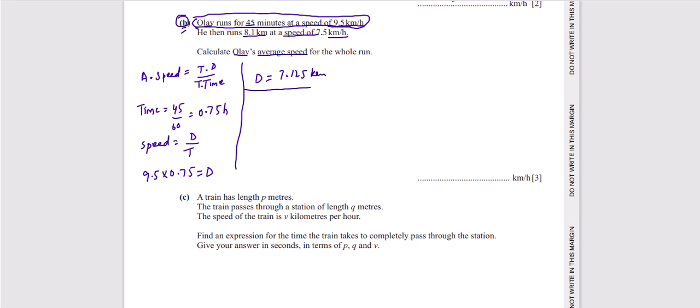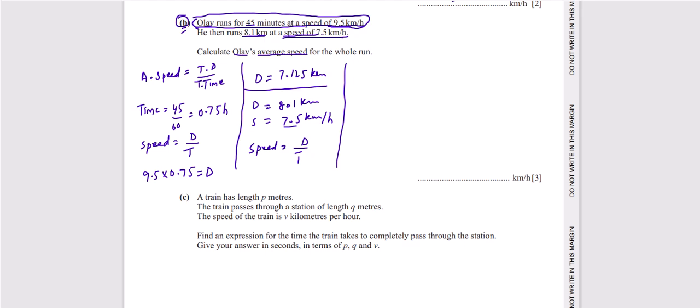This one is first run. And now second is he then ran. This one is also distance. D is equal to 8.1 kilometer and speed is 7.5 kilometer per hour. Now we have to calculate time. The formula of speed is equal to distance over time.